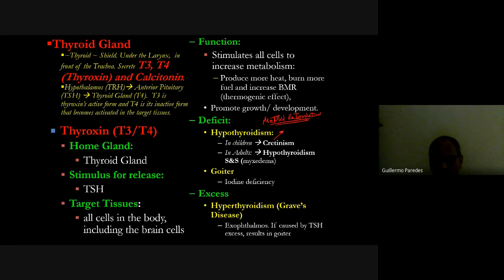So this is a newborn where the mother didn't have any ingestion of iodine, no iodine in her diet for whatever reason. The fetus is going to develop his thyroid gland at 10 weeks of gestation, so about two and a half months.